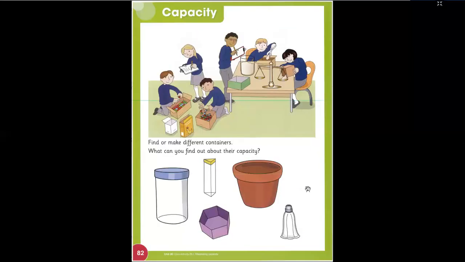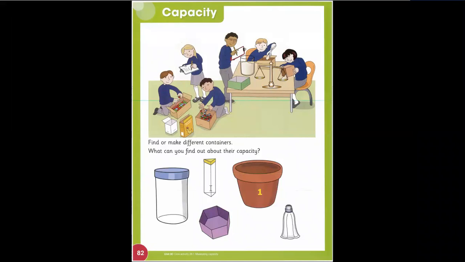So which is number one here? Write with me. This is number one, which holds the most. So which is the one that holds the least? This one does not hold the least.